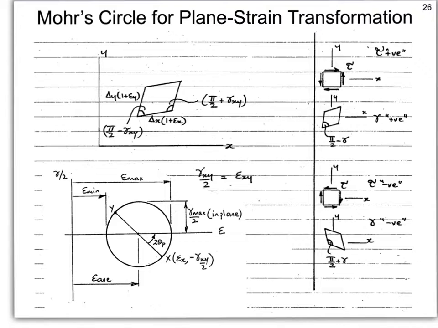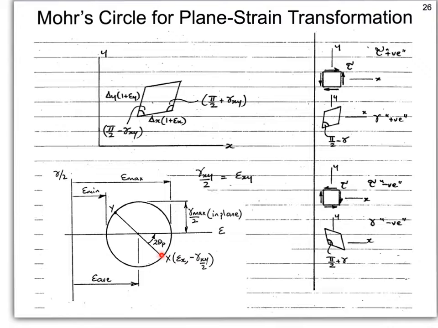But a positive shear strain will be plotted down here below the horizontal axis, and that's what this little negative sign in front of this term here does for us. So whether we're looking at the X point or the Y point, the shear strain is positive for both. It's a positive shear strain.